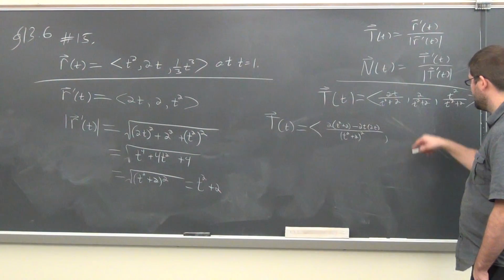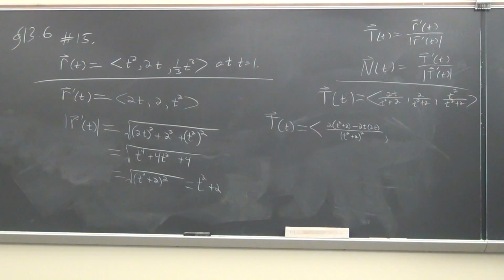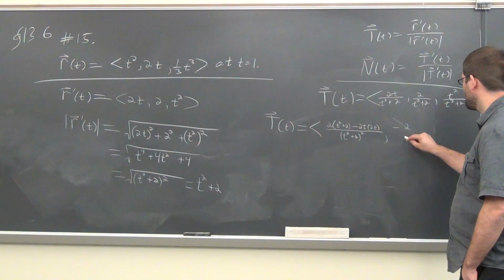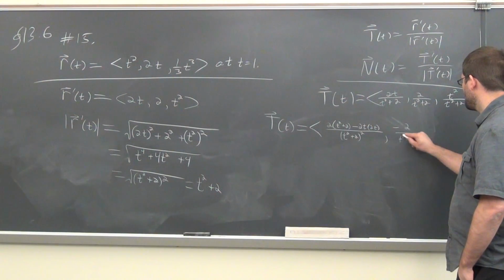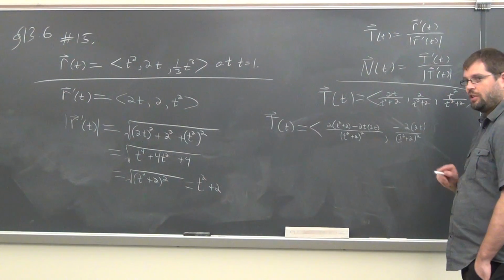And then this derivative will be negative 2 over t squared plus 2 squared, times 2t.